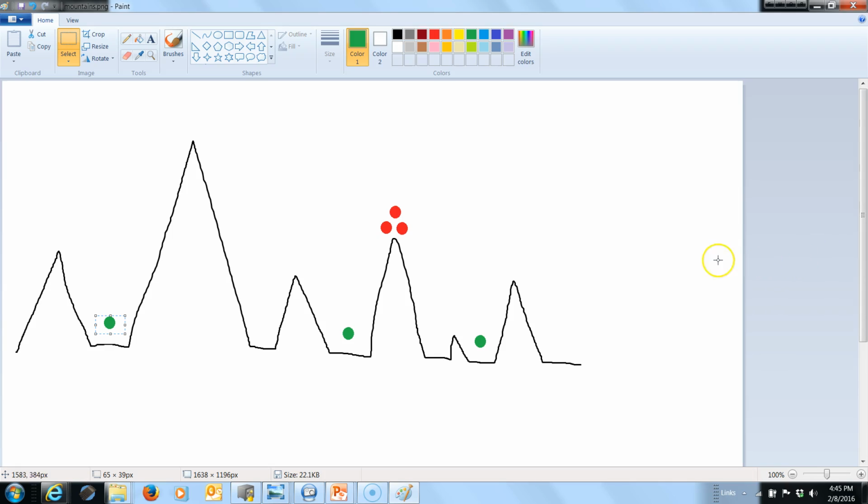So if we were to apply some non-parametric techniques, these would be the starting positions, and we might end up with the following solutions. You can see this one ended up at the top of Mount Everest, the highest mountain. Over here we ended up on a relatively high mountain, and over here this was a bad solution.